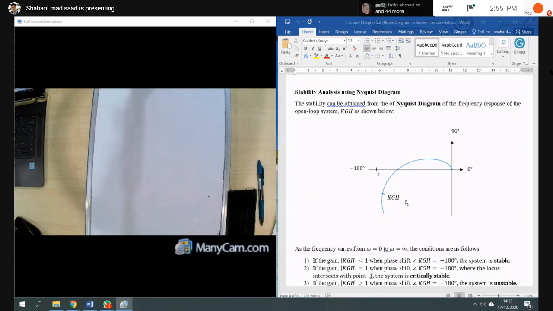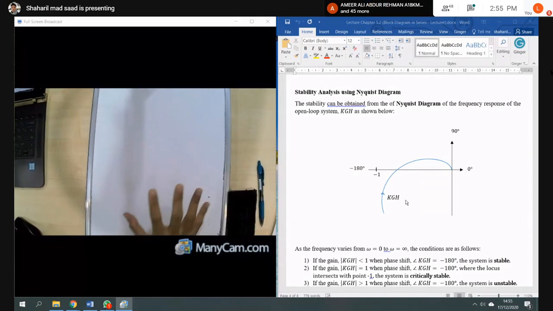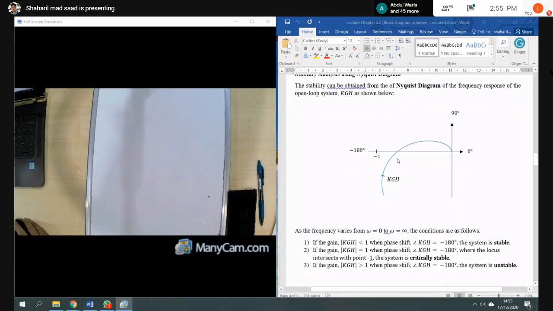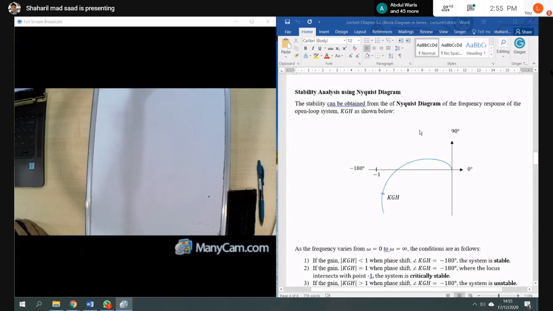Okay, alright. So we have drawn the Nyquist diagram on the polar plot. However, how are we going to see whether our Nyquist diagram is stable or not, or our system is stable or not? Okay, there are some rules there. The stability can be obtained from the Nyquist diagram or the frequency response of the open loop KGH.